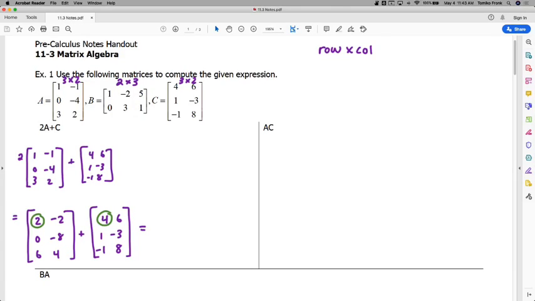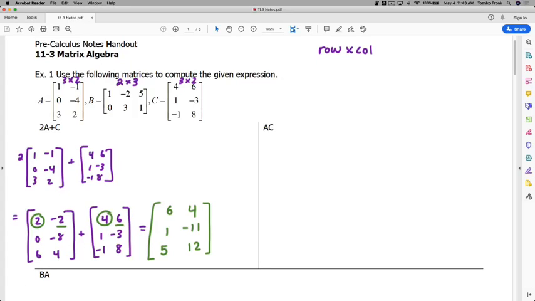So 2 plus 4 is 6. And then I'll go over here. -2 plus 6 is 4. 0 plus 1 is 1. -8 plus -3 is -11. 6 minus 1 is 5. And 4 plus 8 is 12. So they will go in the corresponding spots. And that is our final answer. That is 2A plus C. Again, we can only add them when the sizes are exactly the same.